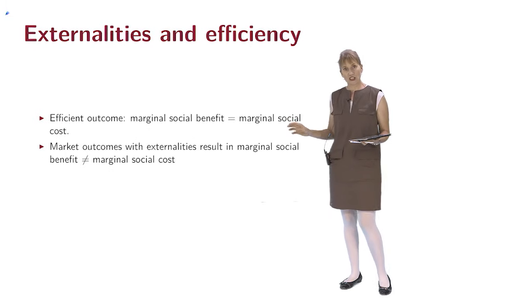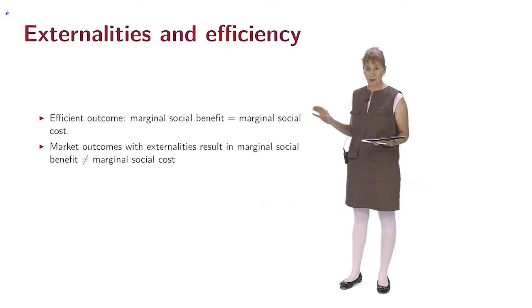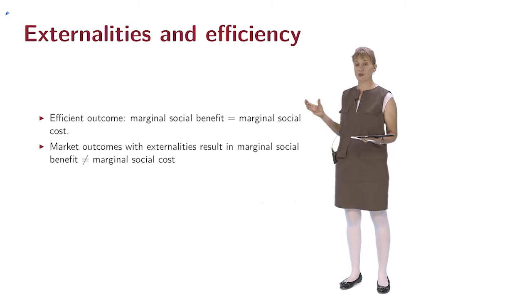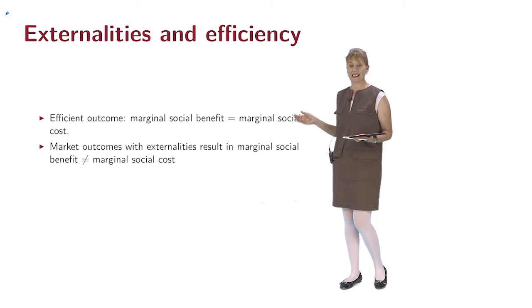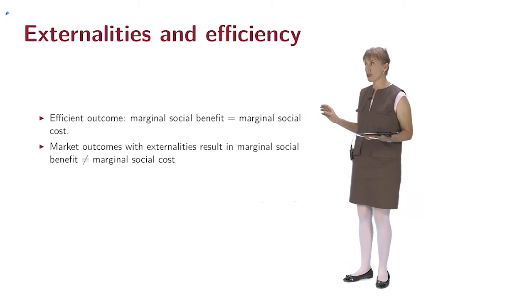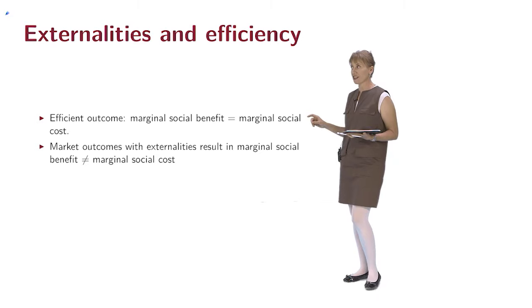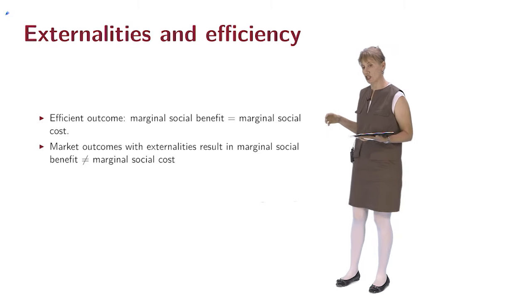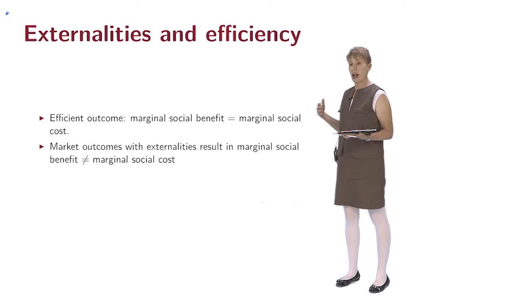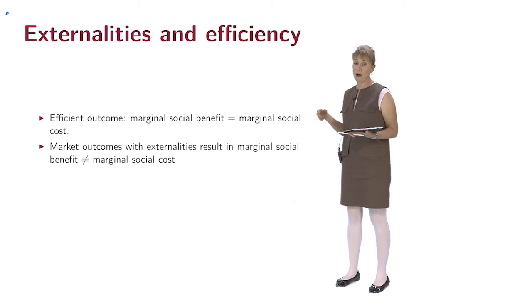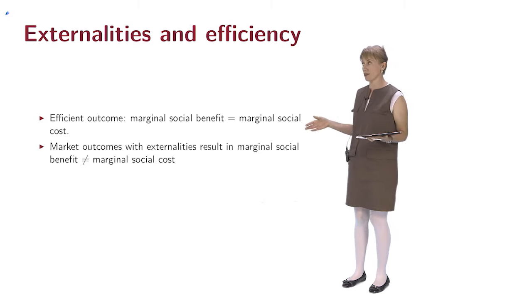We talked about efficiency in the context of a perfectly competitive market. And we said markets are efficient when marginal benefit is equal to marginal cost. When we start talking about markets with externalities, we're going to differentiate private benefits and social benefits, private costs and social costs.